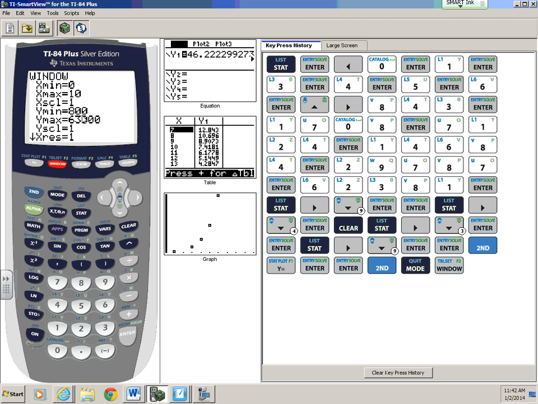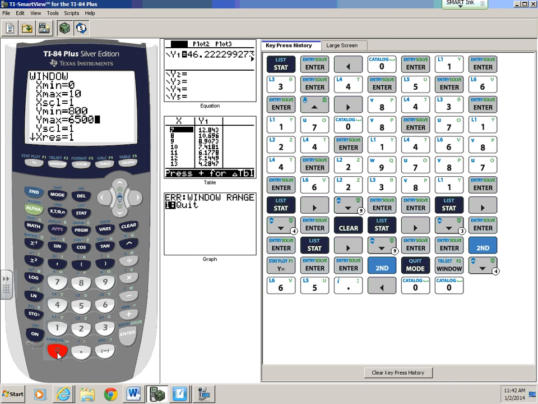And maybe I'll even make that a 65,000 just to give me even a little bit more room. One of the problems with demonstrating stuff on the calculator is it's a little bit tedious. All right? Now, I then go back to see any graph.